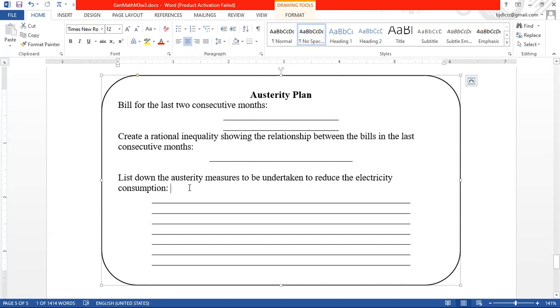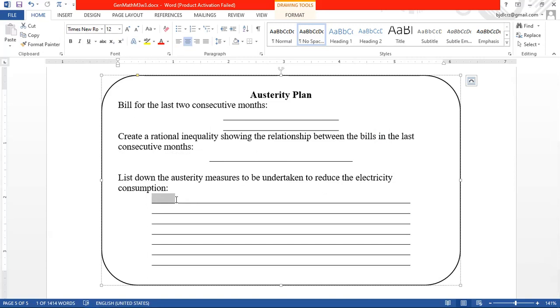Okay, so for this one, list down the austerity measures to be undertaken to reduce electricity consumption. So from the word list down, so inyo la ilista. So sa may mga kailangan ninyo i-undertake to reduce electricity consumption. For example, i-off ang mga suga nga wala gigamit, i-off ang PC, i-off ang TV, refrain from unsa man.